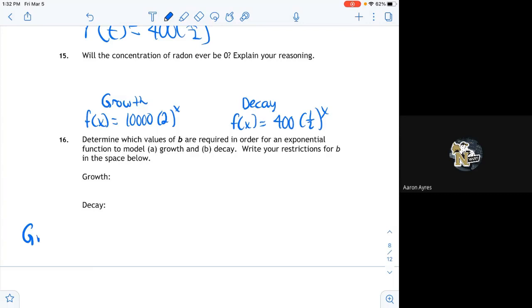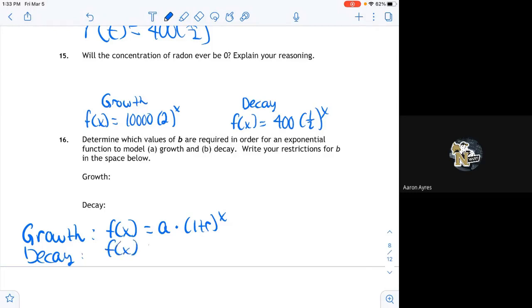So here's how I would do it. It'd be A times 1 plus R to the x power. And then decay would be f of x equals A times what? 1 minus R to the x power, right?